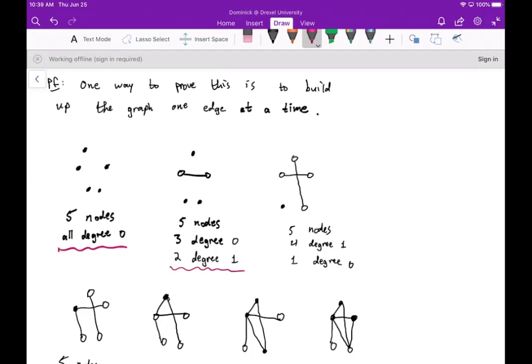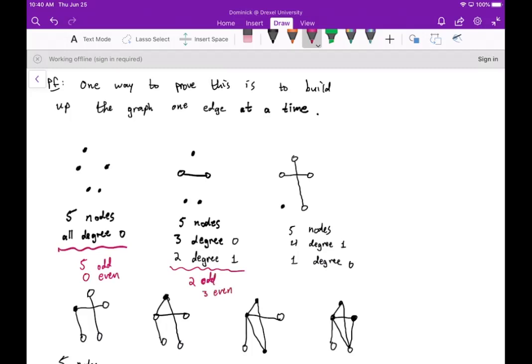So far, this is still holding, right? The number of odd nodes here is 5 even and 0 odd. Here we have 2 odd and 3 even.